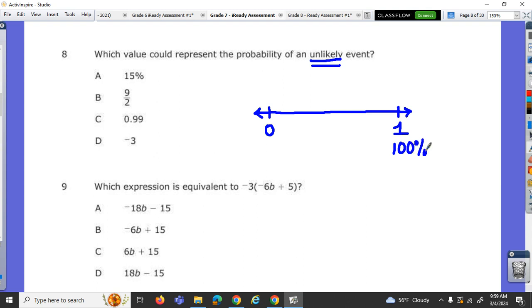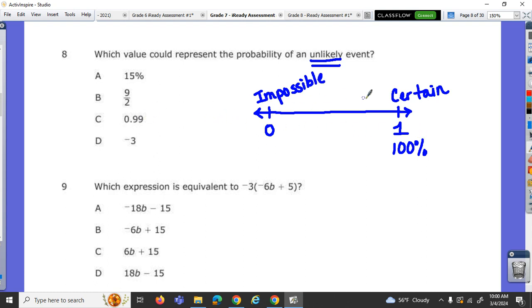So you know that if you heard on the news that there was a 100% chance of rain, you know that it is definitely going to happen. It's certain to happen. Whereas if it's 0% chance of rain, that means that it is impossible. So whenever we're trying to figure out if something is going to happen, we use a scale of 0 to 1 or 0 to 100%.